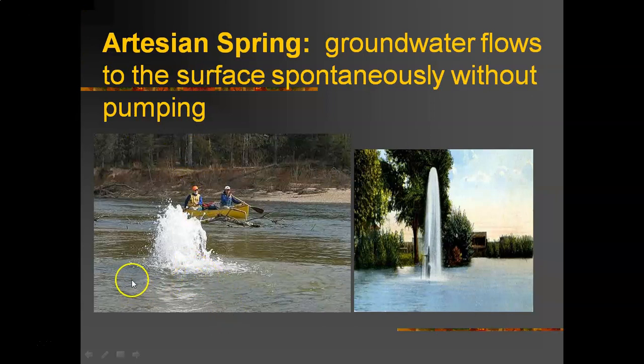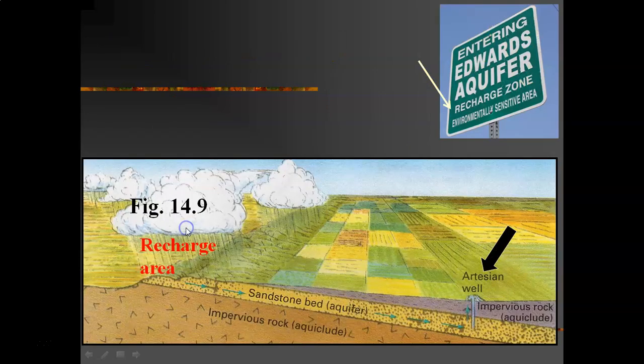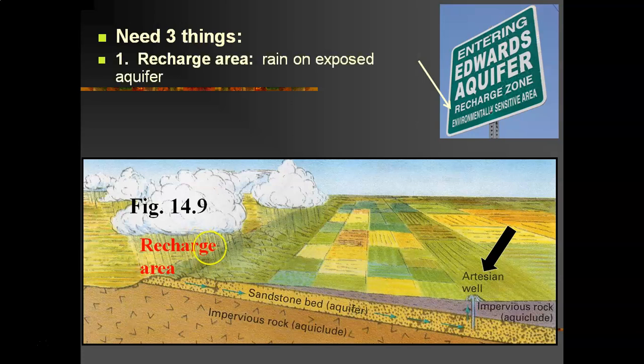Now, in order to get water to spontaneously flow to the surface without pumping, it takes a special set of geologic conditions to build up enough pressure. And you need three things. You need what is called a recharge area.